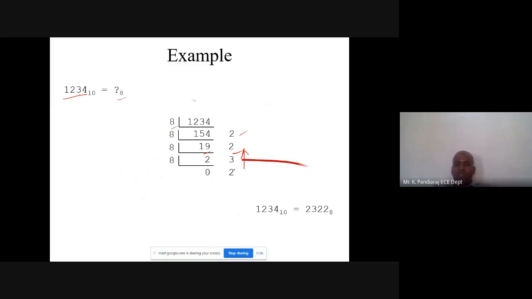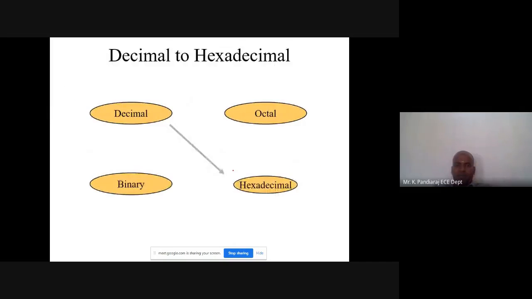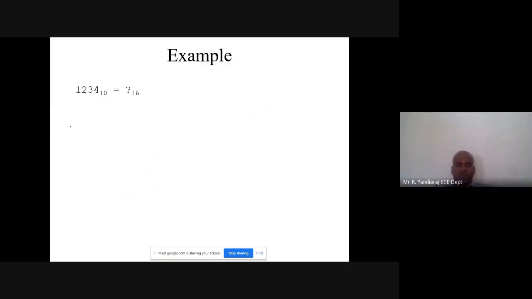Okay. Next, decimal to hexadecimal. Here the base is 16, so we are going to divide by 16 until the quotient value is 0. The given number is 1234, and the required base is 16.